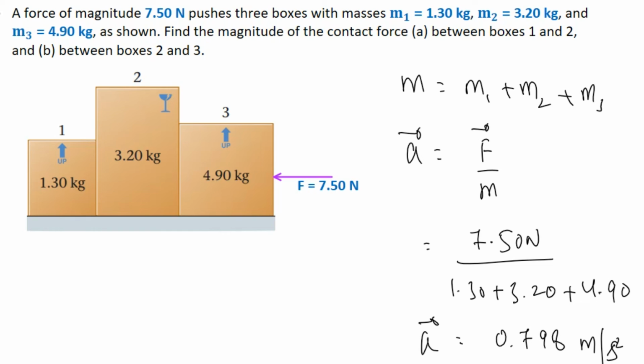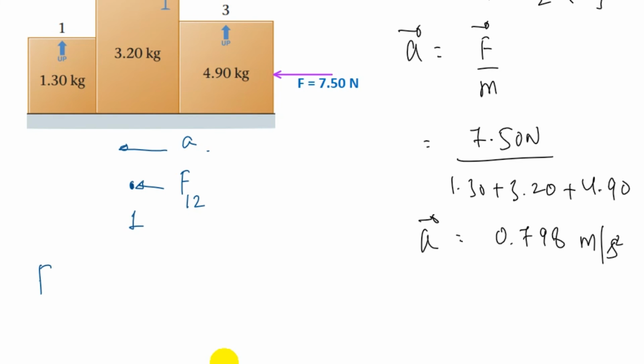Now we can find the contact force between boxes 1 and 2. I'll make the free body diagram of box 1. The only force is the contact force on object 1 due to object 2, F12, and by Newton's second law of motion F12 is equal to mass times the acceleration a, where the mass is m1.